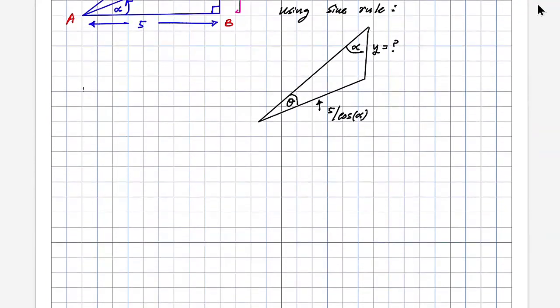Now, for this triangle, we use sine rule, which is going to be sine theta divided by y is equal to sine alpha divided by the side opposite, which is 5 divided by cos alpha.